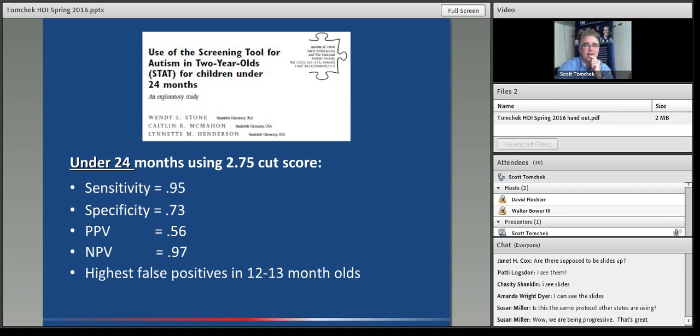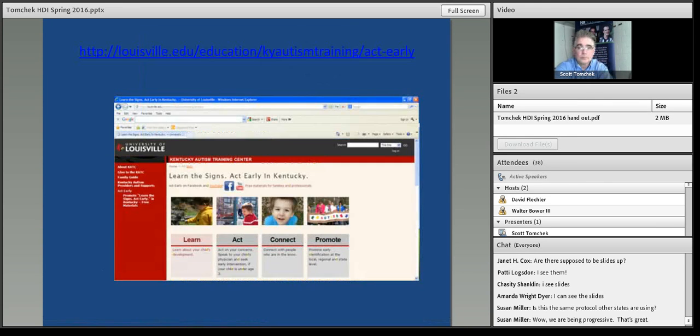Sorry, gang. So on the Kentucky Autism Training Center website, there is an Act Early page that has great materials for all to use. And so there are developmental milestones from the Center for Disease Control.